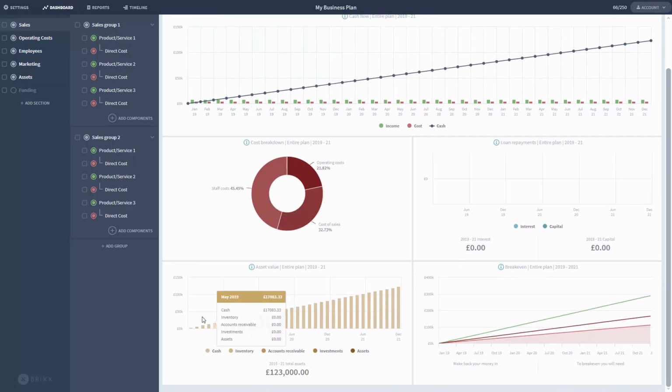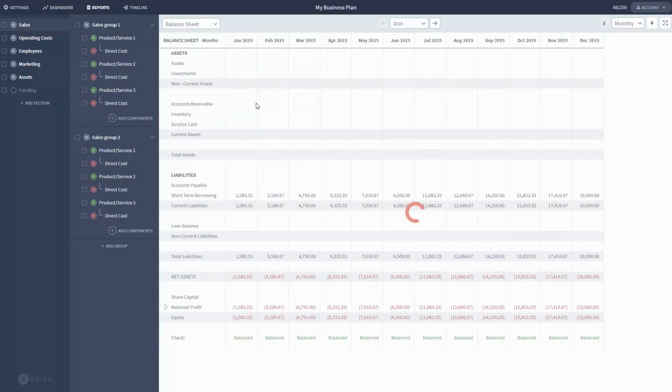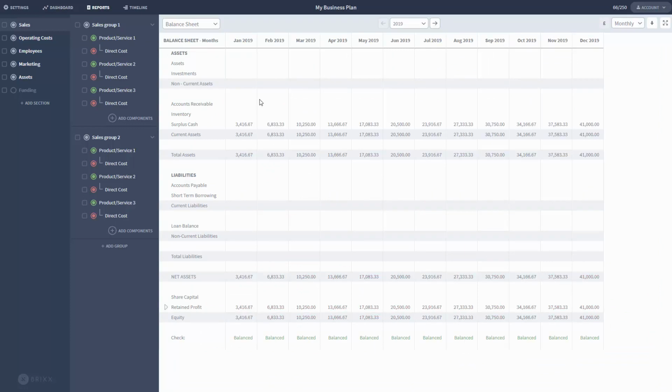So that's the first part of the balance sheet, which is your total cash, which is actually an asset to your business. We're looking at things that judge the value of your business, and the amount of cash you have in the bank account is one of those.